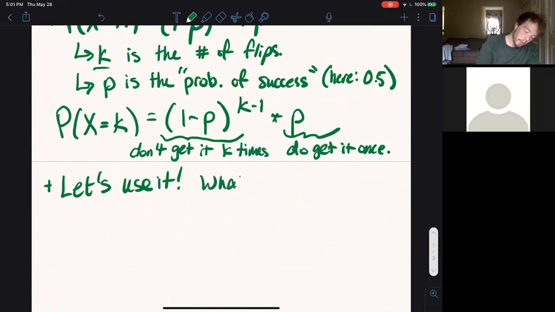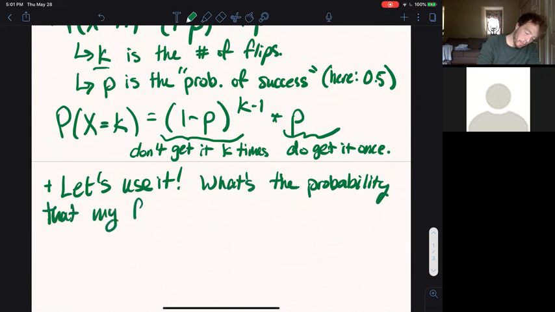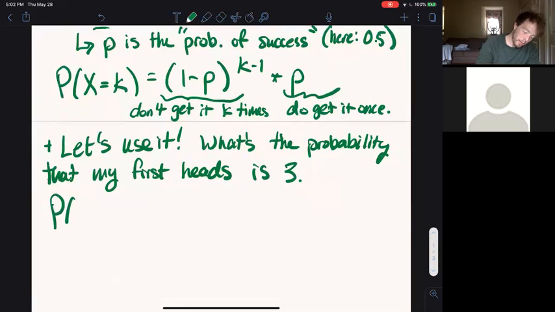So what's the probability that my first heads is on the third flip? That would be the probability that my random variable is equal to 3. The first heads I observe is my third flip.